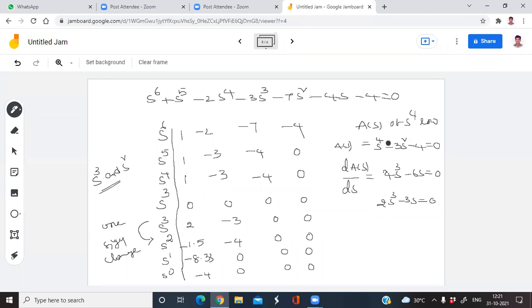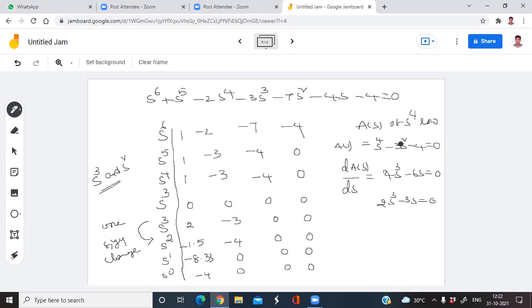For the 2 roots, you have to check the elements in the first column above this all-zero row. Repeating once again, s power 3 has all zeros. That's why you have to write the auxiliary equation: s power 4 minus 3s square minus 4 equal to 0.